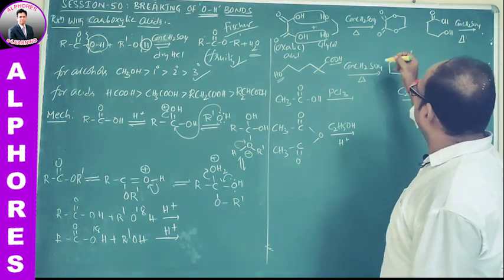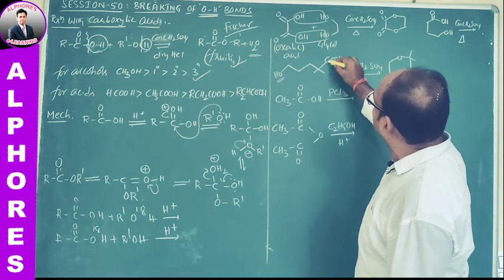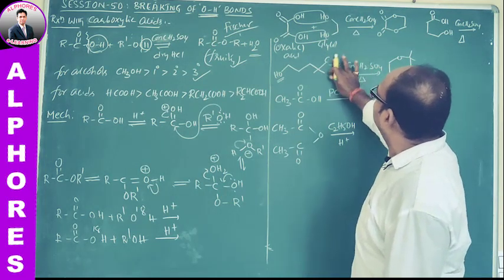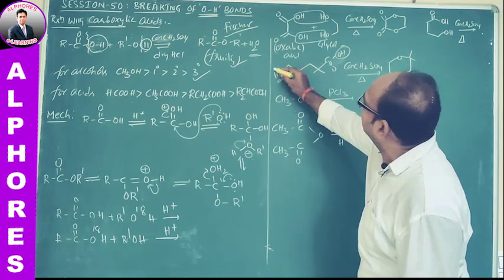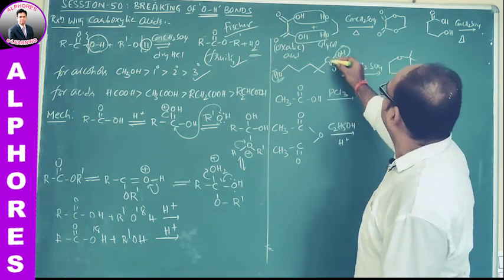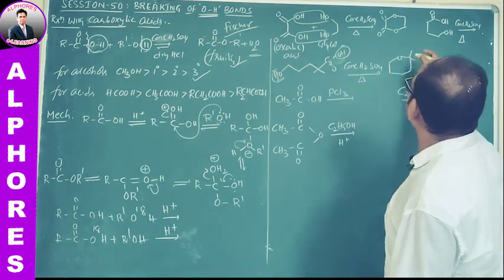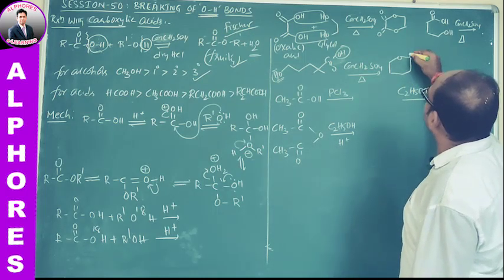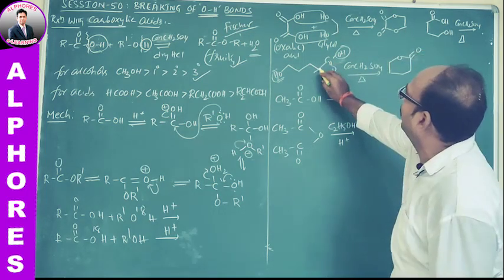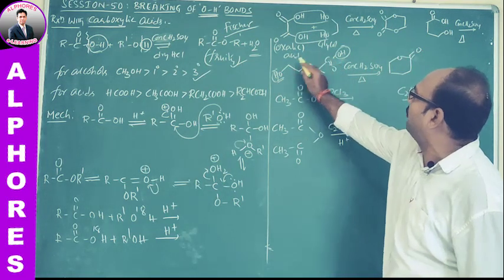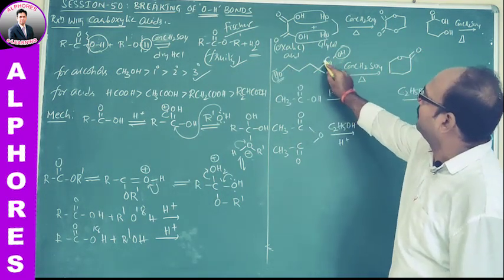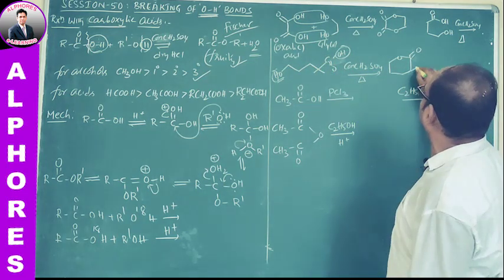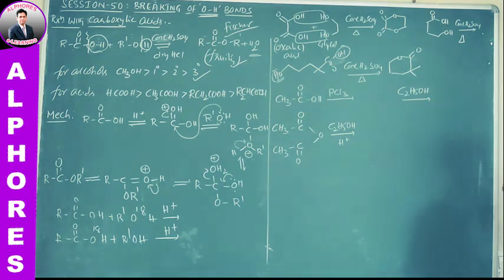So here one C double bond O. Because of C double bond O OH, this OH group and this hydrogen are going to be eliminated, and a new bond forms between this C double bond O and this oxygen. With respect to C double bond O, the adjacent carbon bears 2 methyl groups.